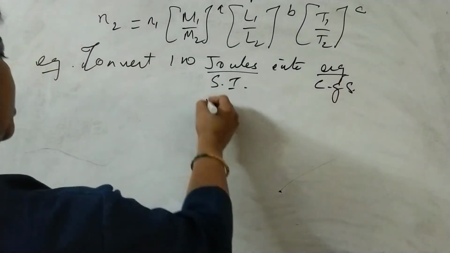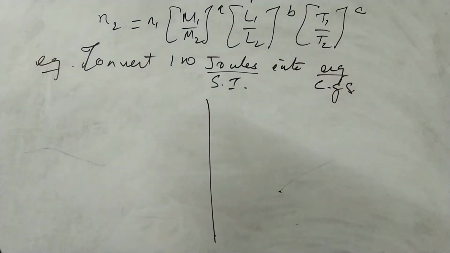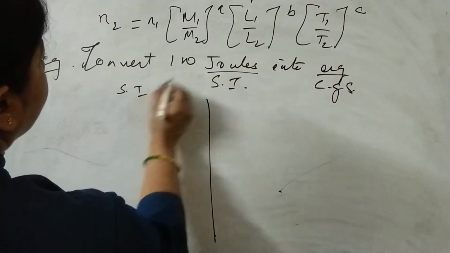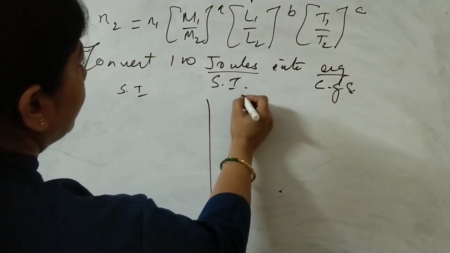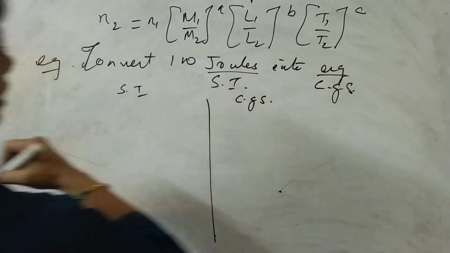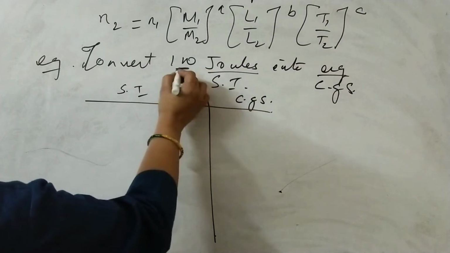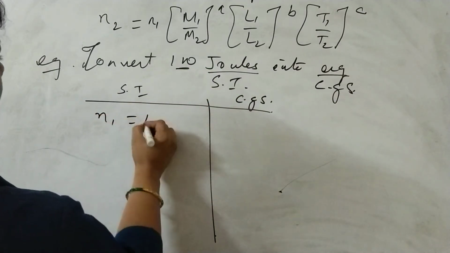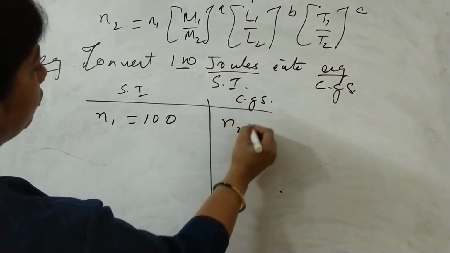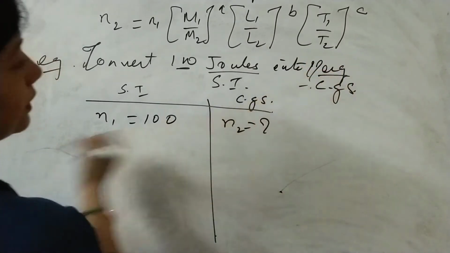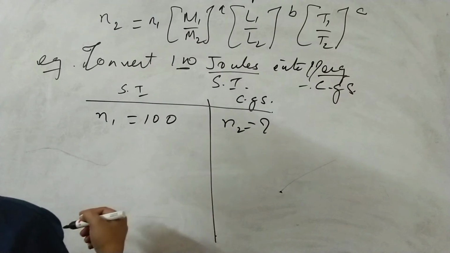First you draw a line here, and then you write this is the SI system. The one which is given is the SI system, and we are going to the CGS system. For the SI system we have the value of N1 equal to 100, but we don't know the value of N2. We need to find out how much erg. So N2 needs to be found out.